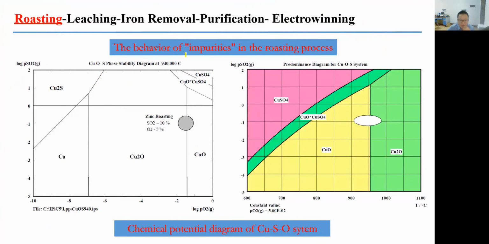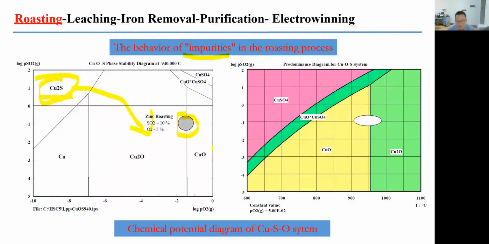The behaviors of impurities are also interesting, as we discussed for the raw material for zinc production, the zinc concentrate or the minerals. Copper is more expensive than zinc, and it mainly is present as copper sulfide in the mineral or in the concentrate. So when we have the composition of the gas phase, we know that the copper sulfide will transfer to oxide as well.